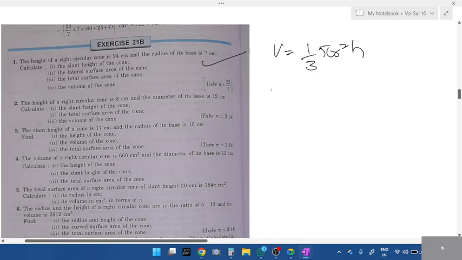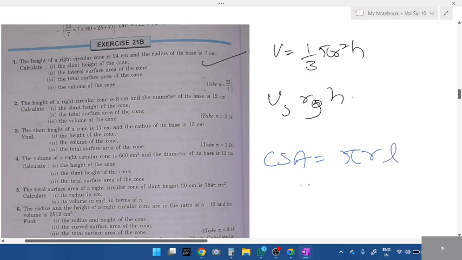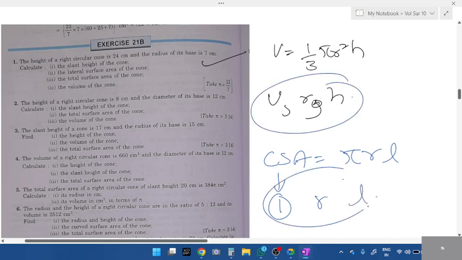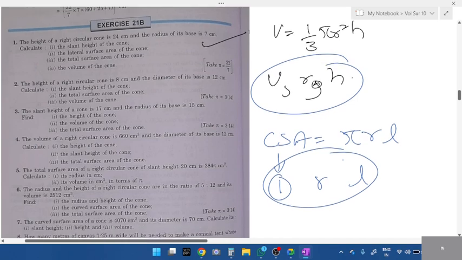V, R, and H. Next, if you take pi r L, curved surface area is one variable, R is the second variable, L is the third variable. So these are the different types of variables we have. Based on these variables, look at first, second, third, fourth, all these are practice questions.